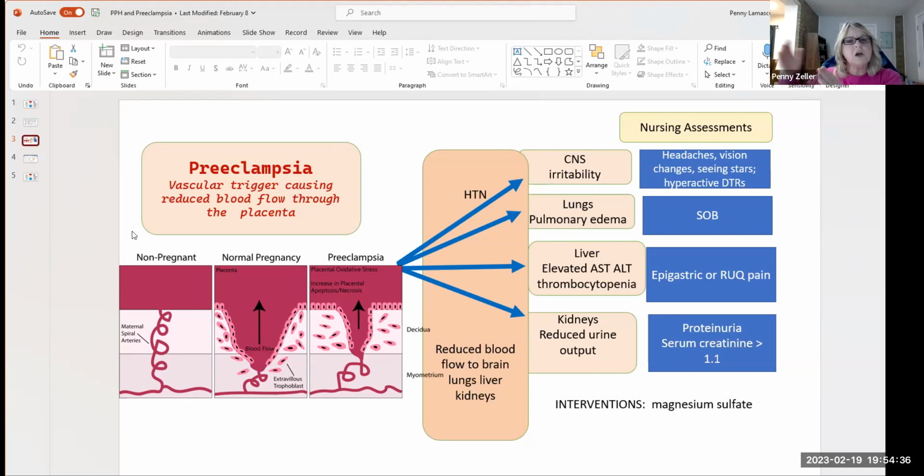But if she becomes toxic, magnesium can be very toxic to the kidneys. So her urine output drops again. In fact, it might not be any. So we're looking at creatinine level. So if the urine output is low, that's when you give the calcium gluconate because it's probably toxicity.